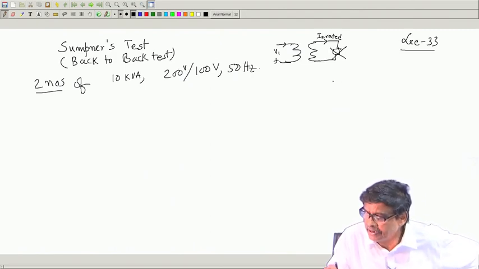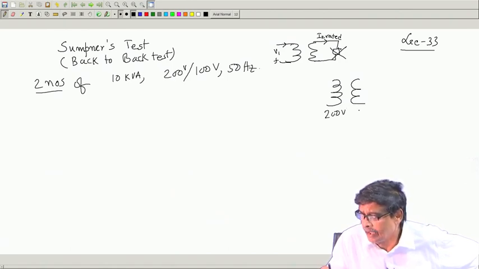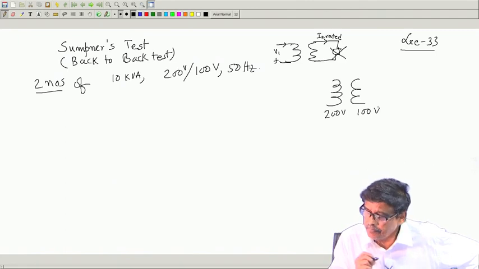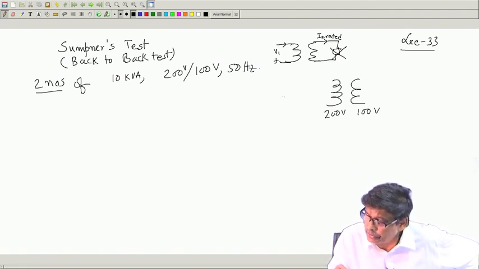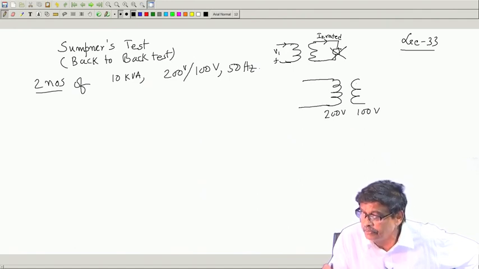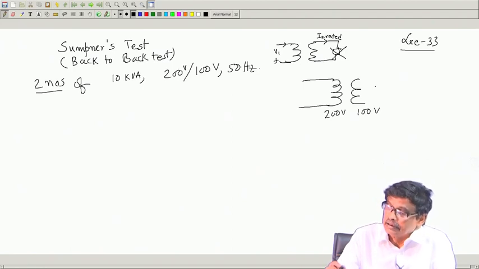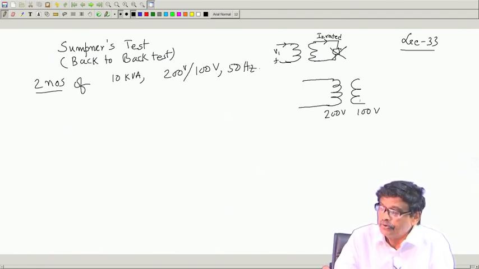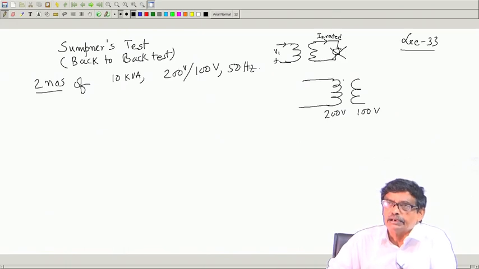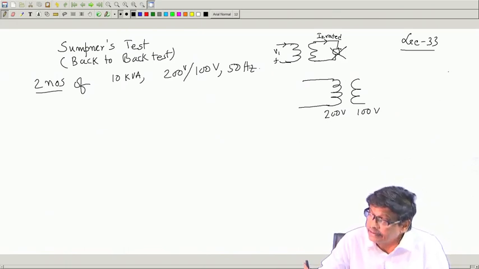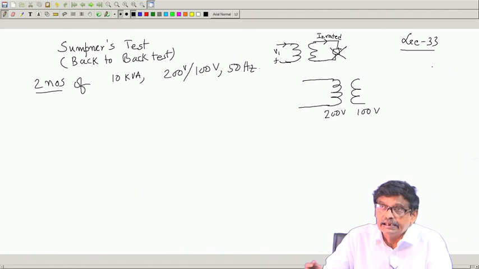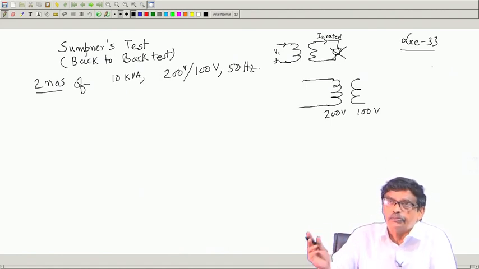Suppose you have a transformer whose rating is 200 volt and 100 volt. Because the dot convention is not known, if I put a dot here, where to put the dot there, I know what it means theoretically, and I can also ascertain that without doing any test, provided you know the sense of the winding.